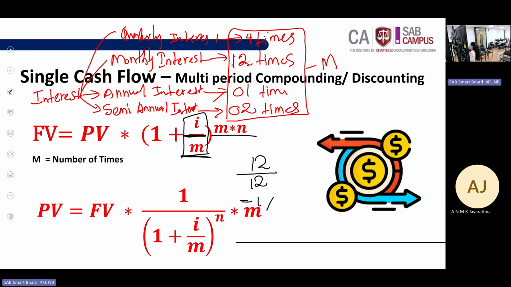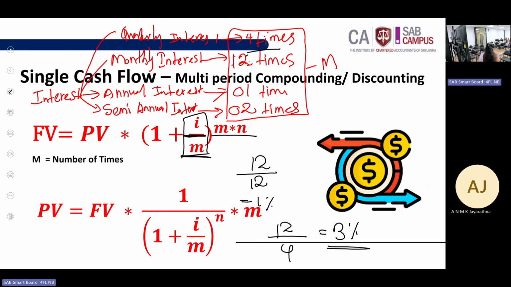Then your monthly interest will be 1%, right? Your annual interest is 12%, but you are receiving the interest quarterly. What would be the quarterly interest? Annual interest rate divided by 4, that is 3%.